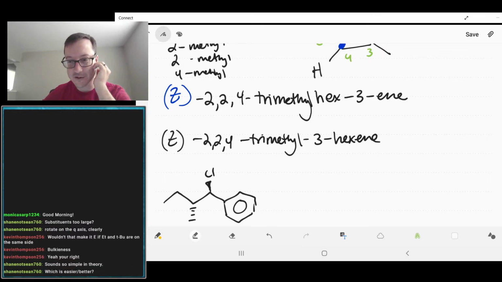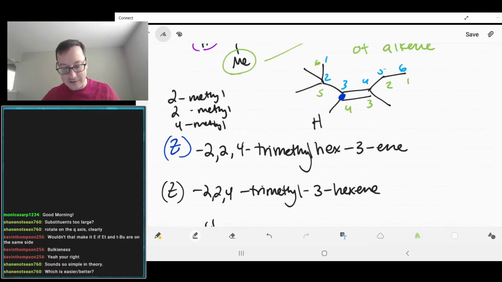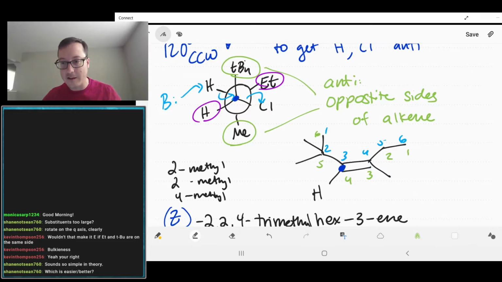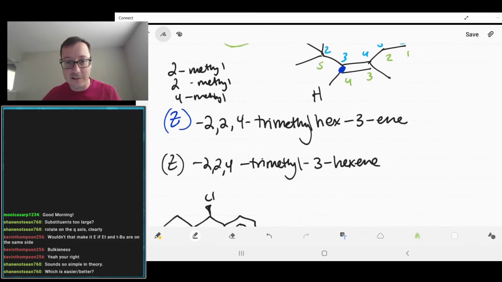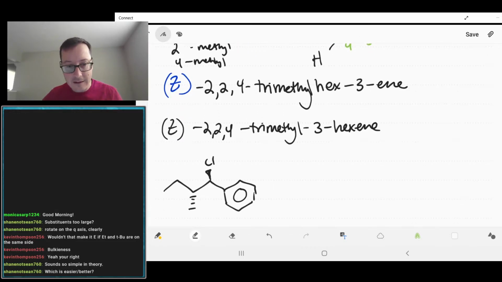I think Newman's the easiest because you can see very clearly how things are related, and that's where we have the most experience rotating them. I'll go ahead and use Newman, because for me that's the easiest. For me, I can do this with my eyes closed, but for you guys, I think Newman would be the easiest. So let's go ahead and do a Newman.